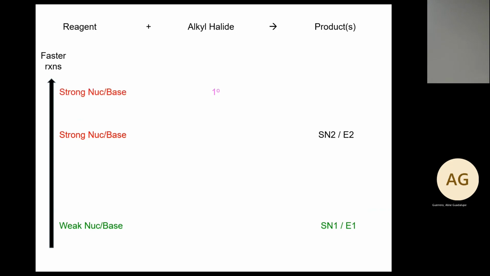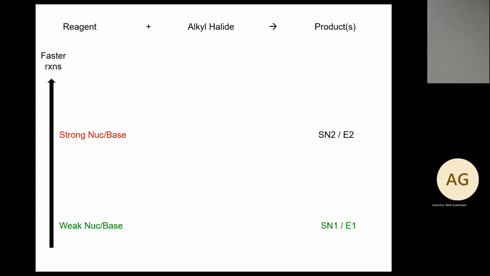The question goes, but the strength of the reagent is not the only factor. The alkyl halide also matters. If you remember the SN2 reactions, the least substituted alkyl halide is the better. So you've got a strong nucleophile, strong base.